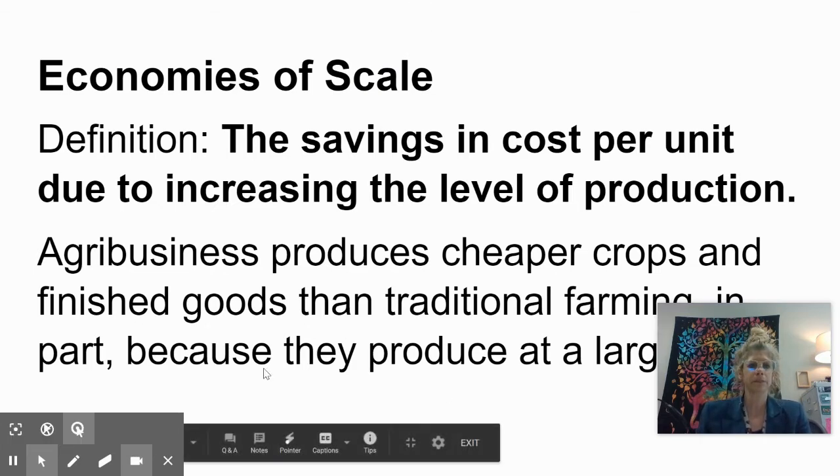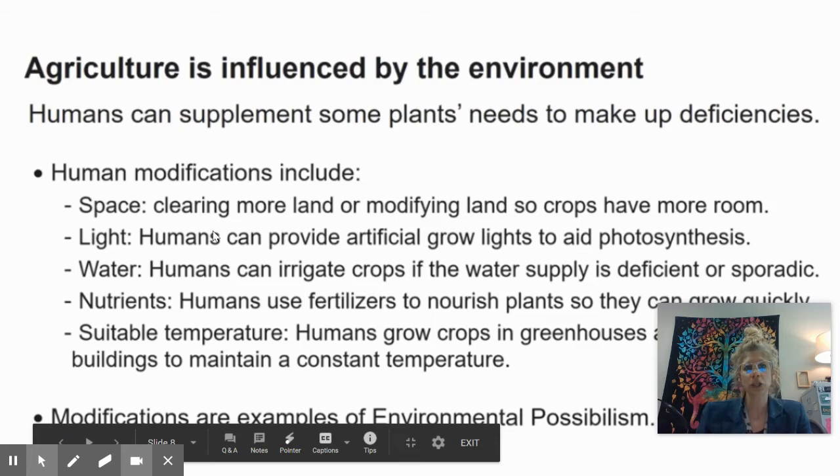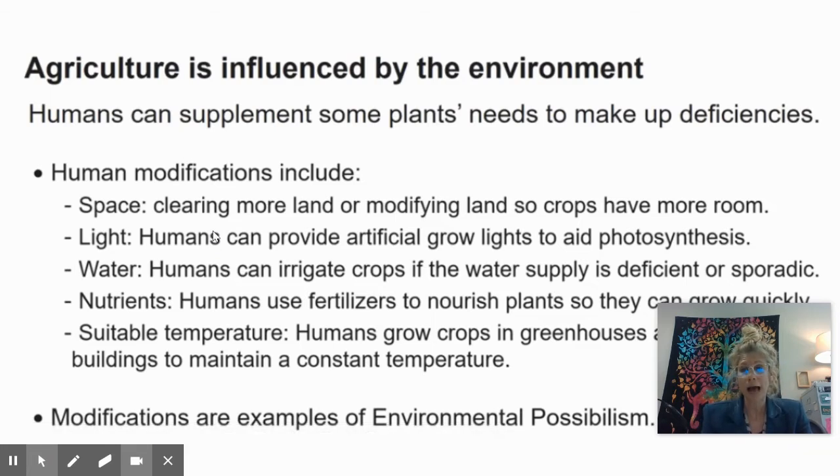So, what are some things that humans can do to manipulate how we grow things? Okay, so you have there in your chart space, light, water, and so forth. What I want you to do is just quickly put out to the side how humans can modify, specifically with space, by clearing more land, right? So that you have more room to grow.